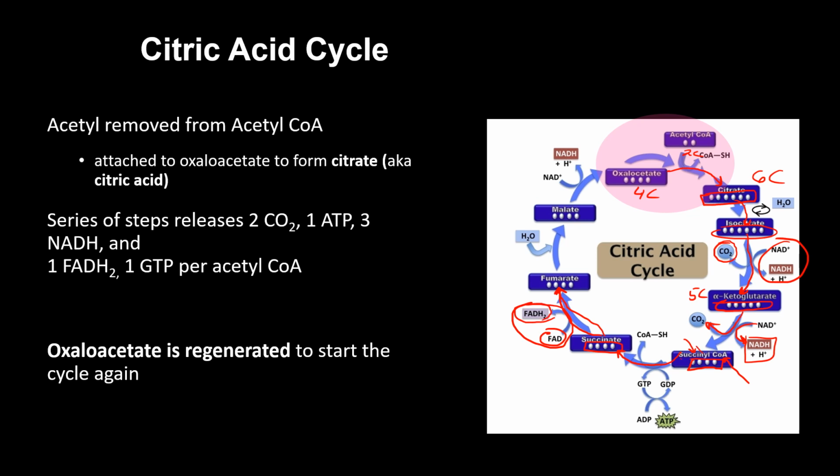From the succinyl-CoA to the succinate, in this reaction here, we are going to take some of that energy using the coenzyme as a shuttle, and we are going to dump that energy into a GDP molecule.